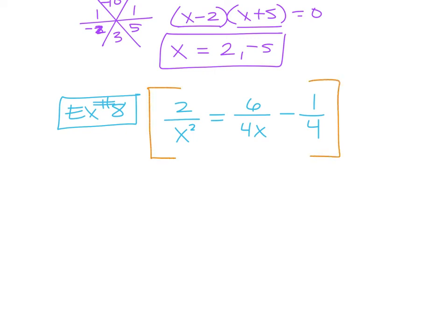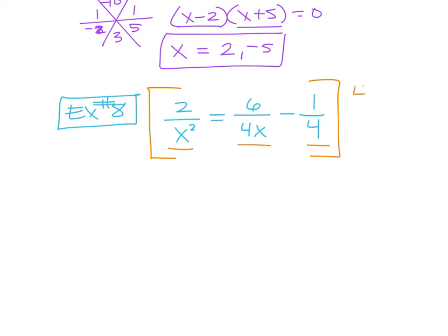What is your least common denominator? 4x squared, right? You're looking for these 3 numbers, the least number combo that they can become.